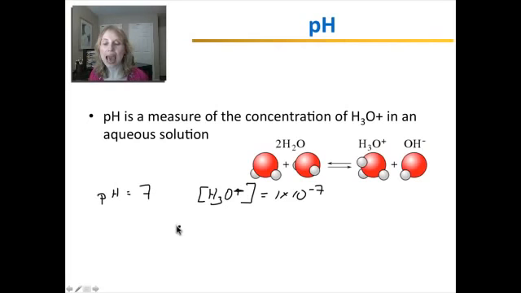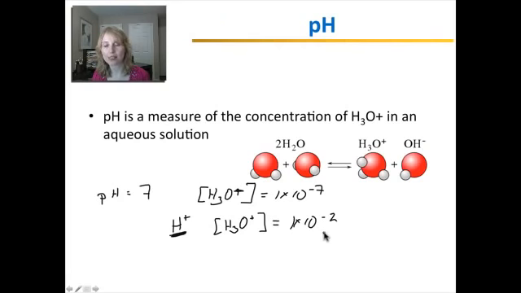Now say that I added an acidic solution that adds an excess of these hydrogen protons. By adding an excess of hydrogen protons, we will increase the concentration of the hydronium ions, and say that I added enough to increase it to 1 × 10⁻².